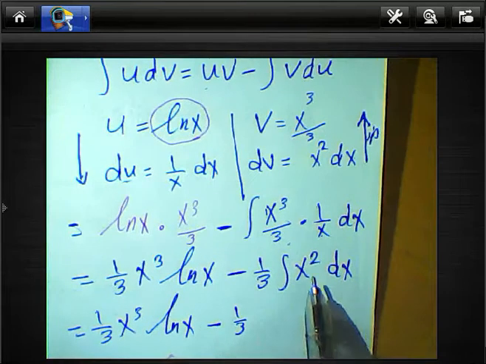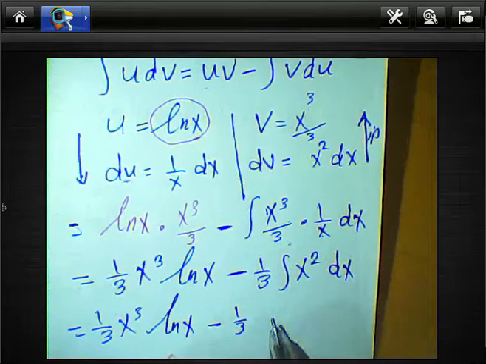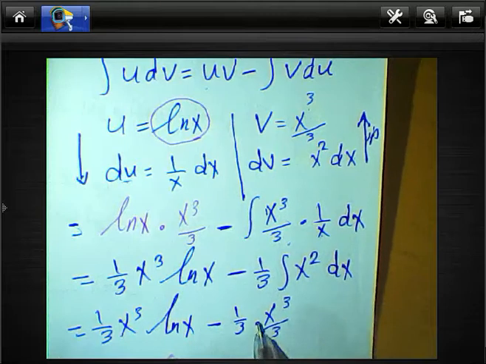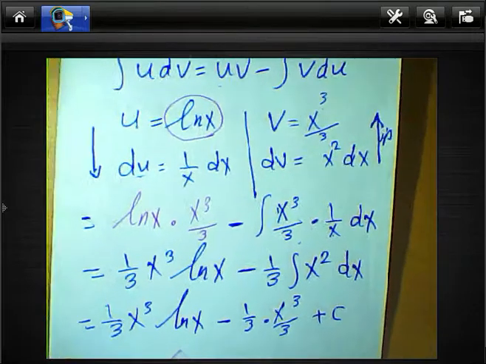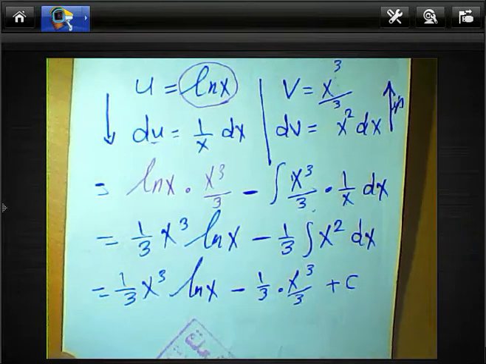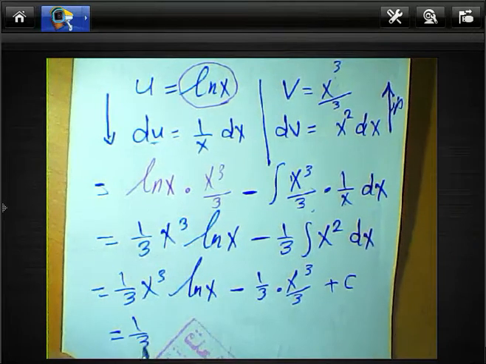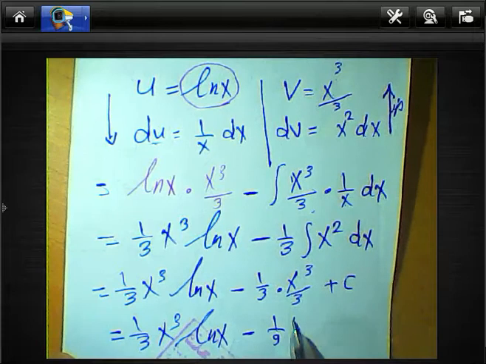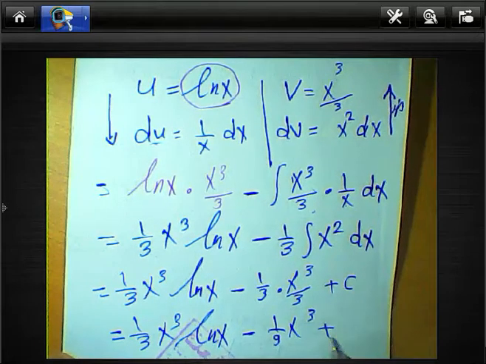We can add 1 to the power and divide it by the new power, x power 3 divided by 3 plus constant. Okay, so we can complete it: 1 over 3 x power 3 ln of x, subtract 1 over 9 x power 3 plus constant.